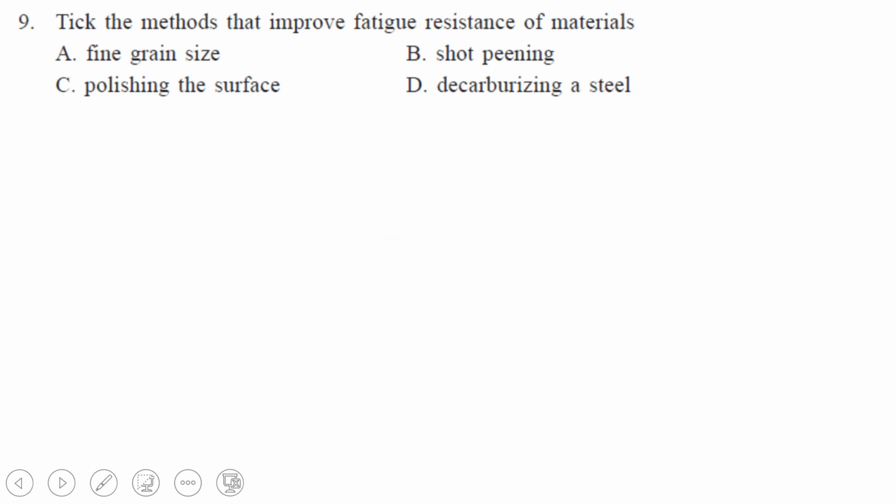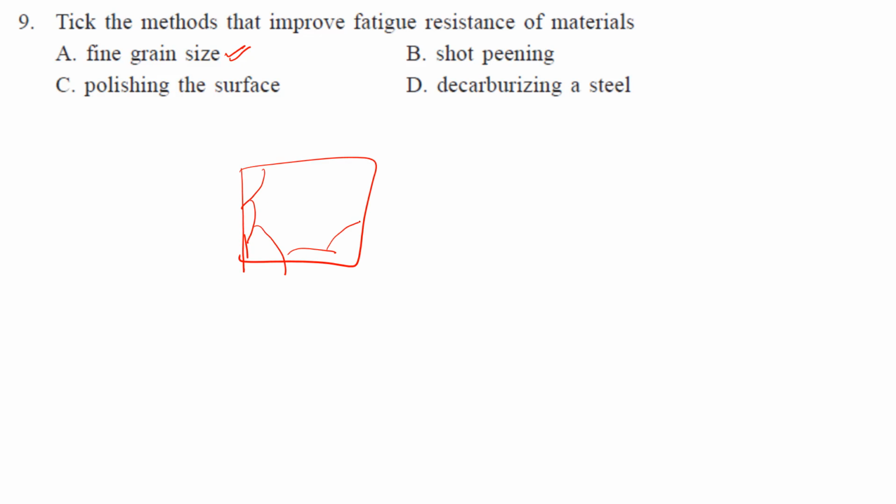Let us move. Tick the methods that improve fatigue resistance of materials. So which methods improve the fatigue resistance of a material? The options are fine grain size, shot peening, polishing the surface, decarburizing. Fine grain size improves fatigue, right? Because suppose we get a finer size, then if there is a crack, the length of the crack is restricted by the grain boundary.